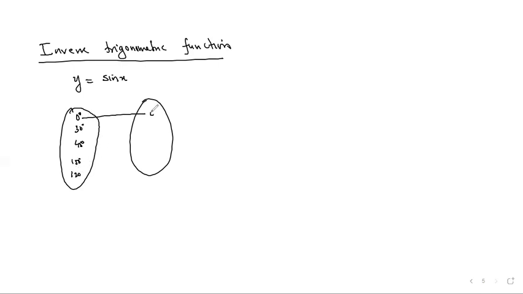Sine 0 is 0, sine 30 is half, sine 45 is 1 by root 2, sine 150 is again half, sine 120 is root 3 by 2. Even 60 degrees would have given you root 3 by 2. Is this a one-one function?